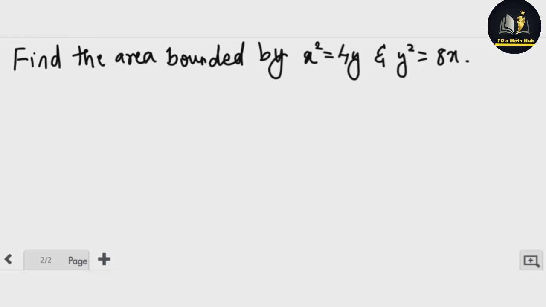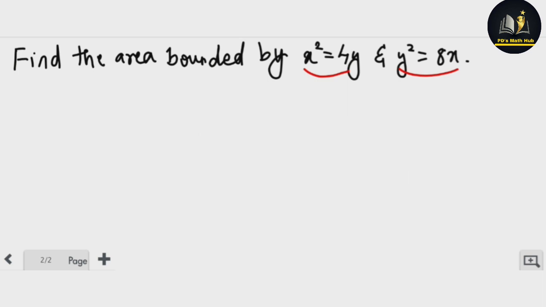Next question. Find the area bounded by the curves x square is equal to 4y and y square is equal to 8x. This is based on a simple trick. These two given curves are parabolas.